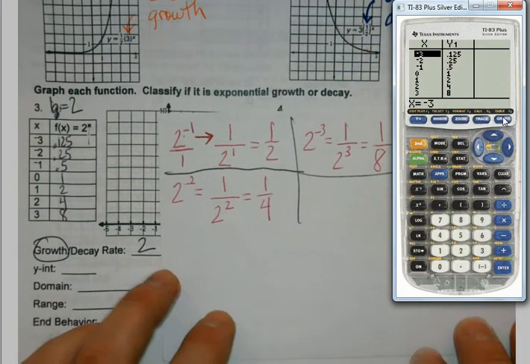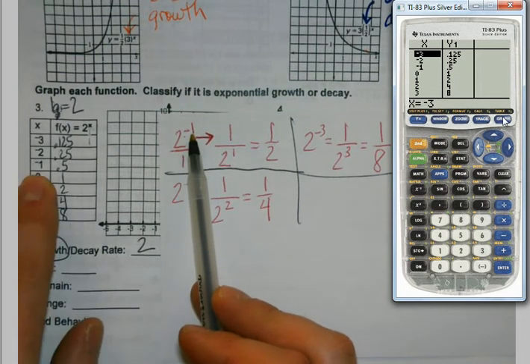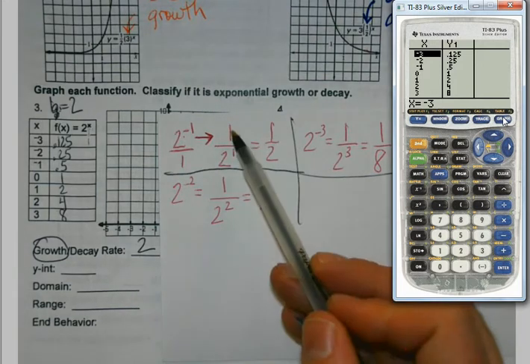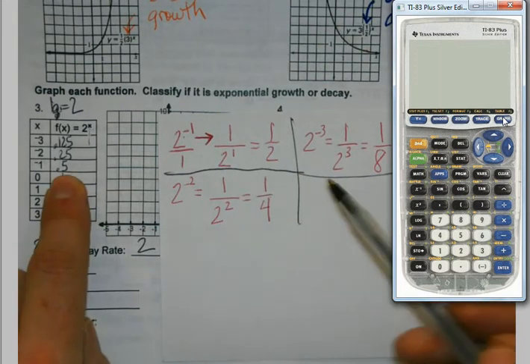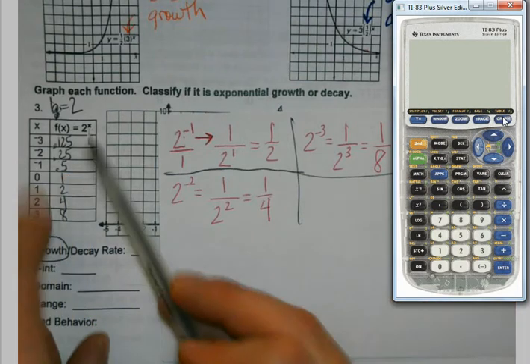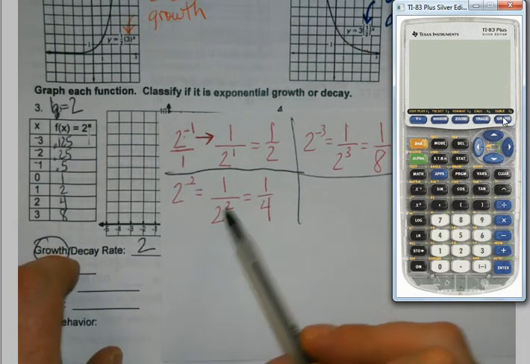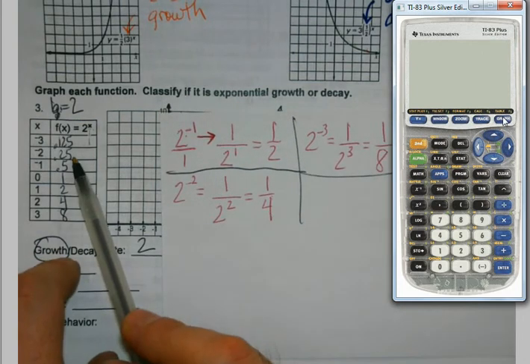Okay. Remember, when you have a whole number to a negative exponent, like 2 to the negative 1st, to make it positive, we flip it. We take the reciprocal, which makes it 1 over 2 to the 1st, which is 1/2, which is 0.5. 2 to the negative 2nd, when I flip that down to the denominator, 2 squared is 4. 1/4 equivalent is 0.25.